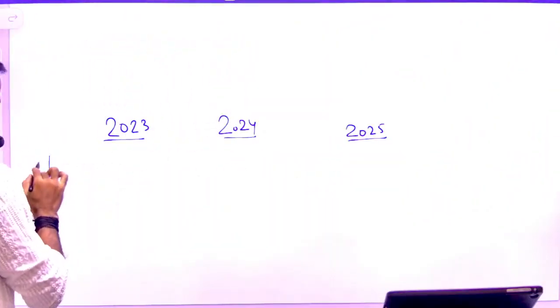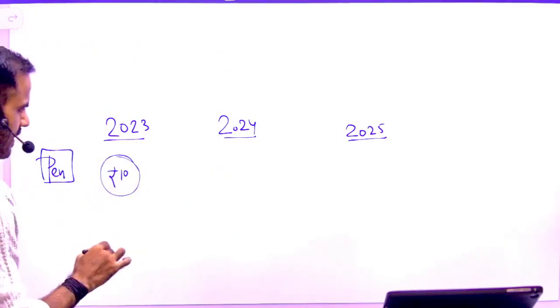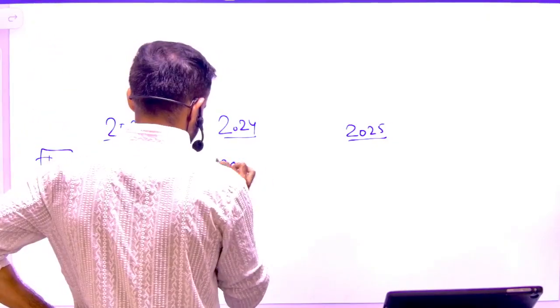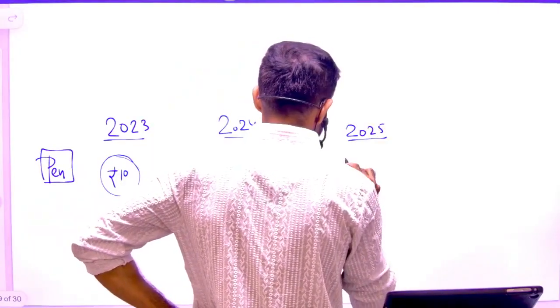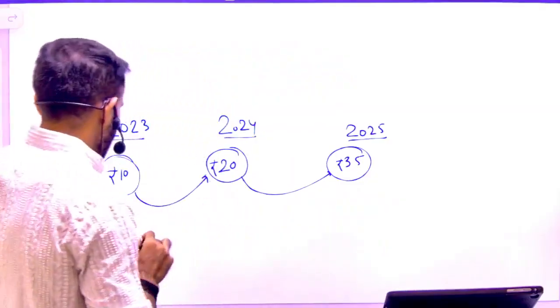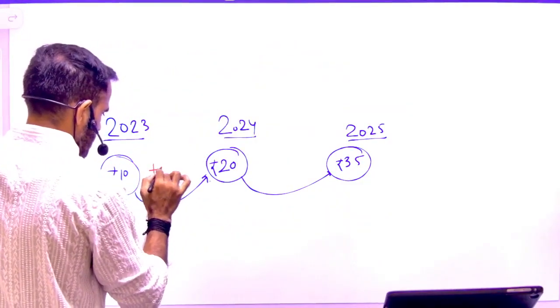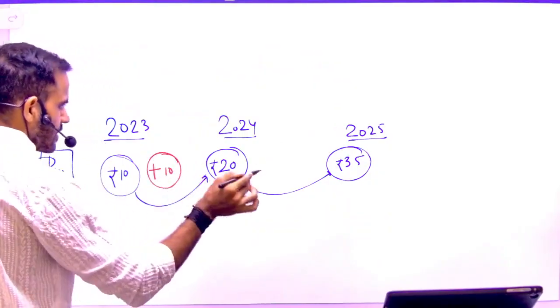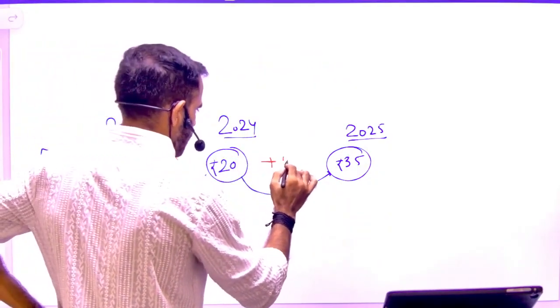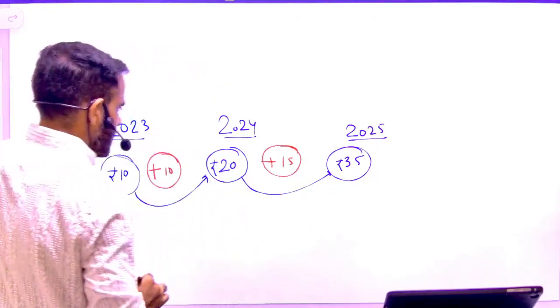Let's say the price of this pen is 10 rupees. The price has increased to 20 rupees and then the price has increased to 35 rupees. In the first case, how much is the increment of the price? So a 10 rupee increment is there. In this case, how much is the increment? So a 15 rupee increment is there.